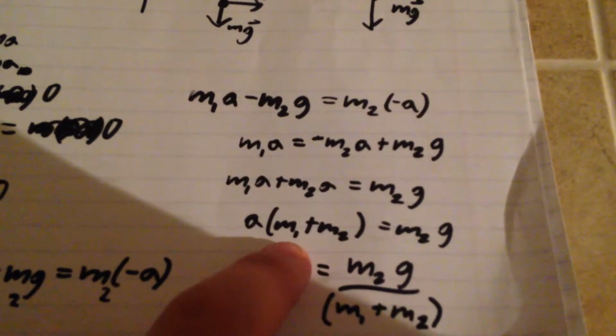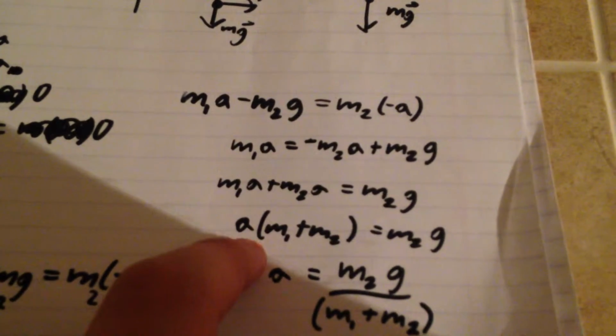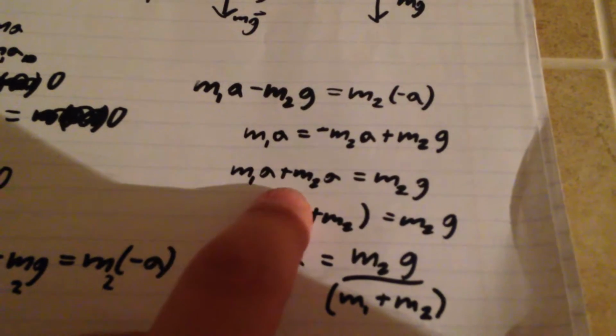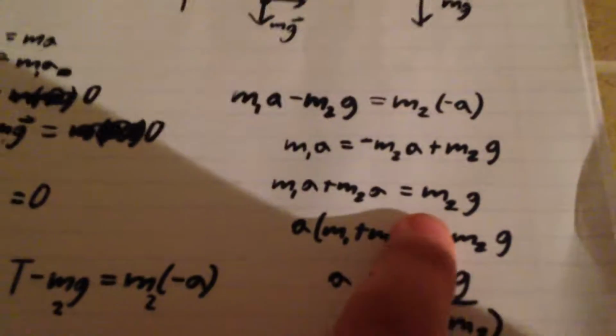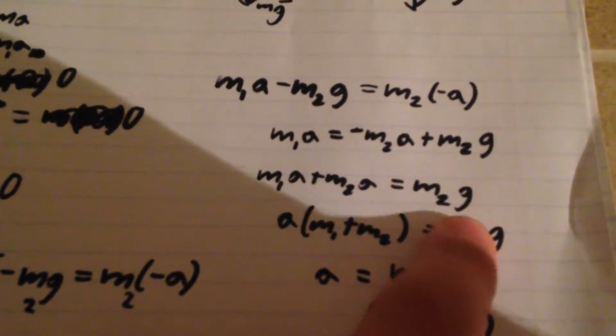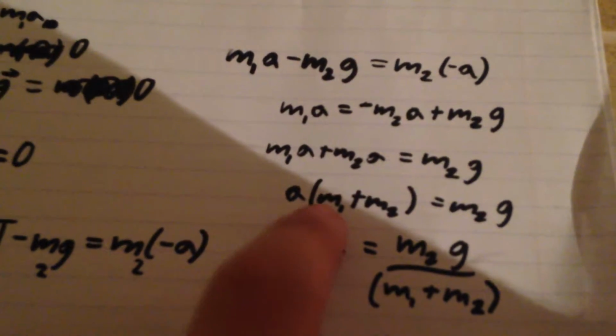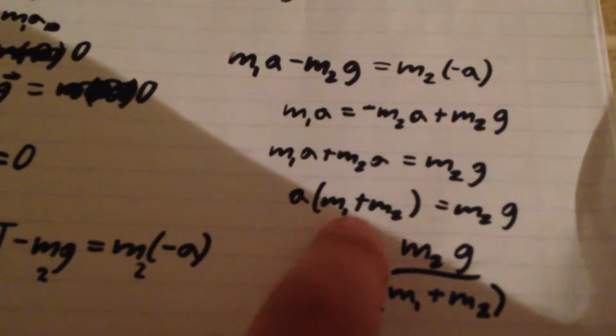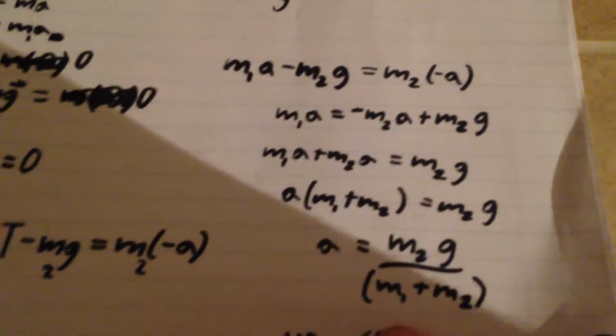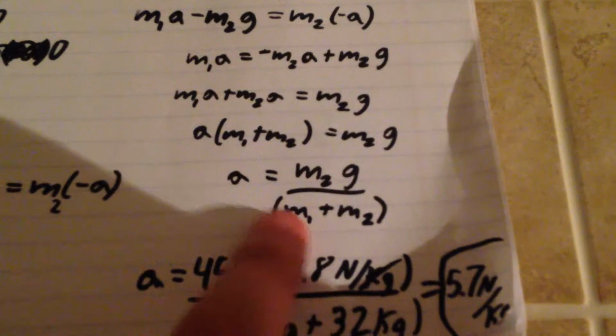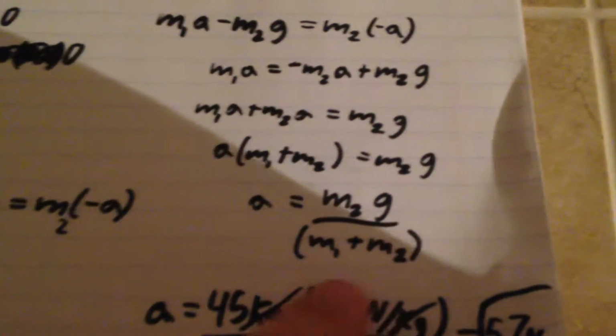You can factor out your a, and you're left with a times m1 plus m2 equals m2g. Then to get acceleration by itself, you divide, and you're left with acceleration equals mass 2 times gravity over mass 1 plus mass 2.